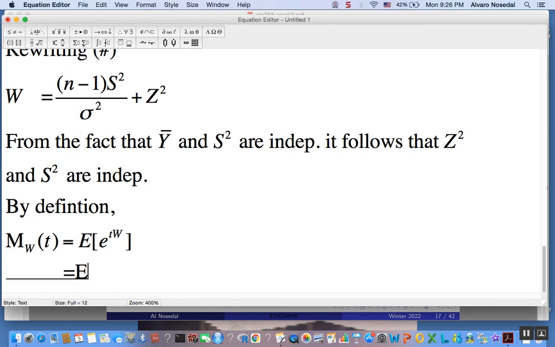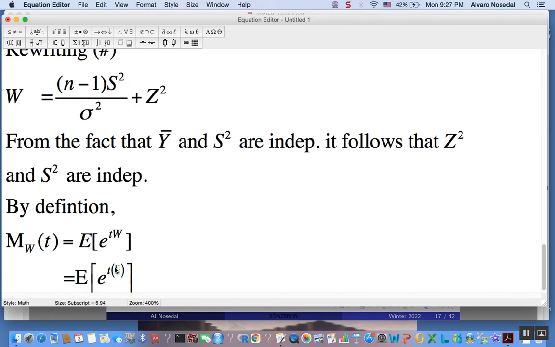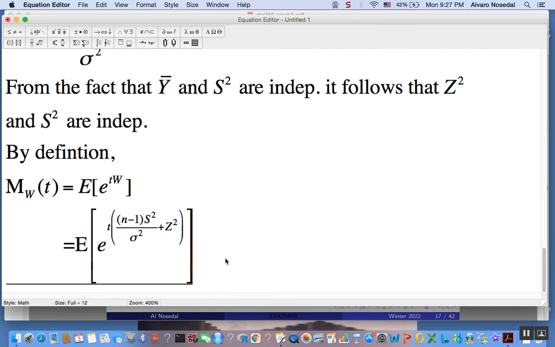Now this will be, in this case, the same as the expected value of e to the power t times this. Because that's what W stands for.